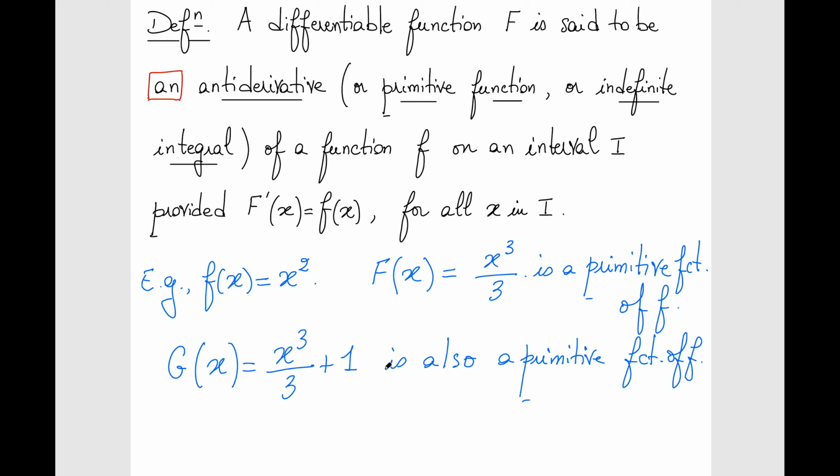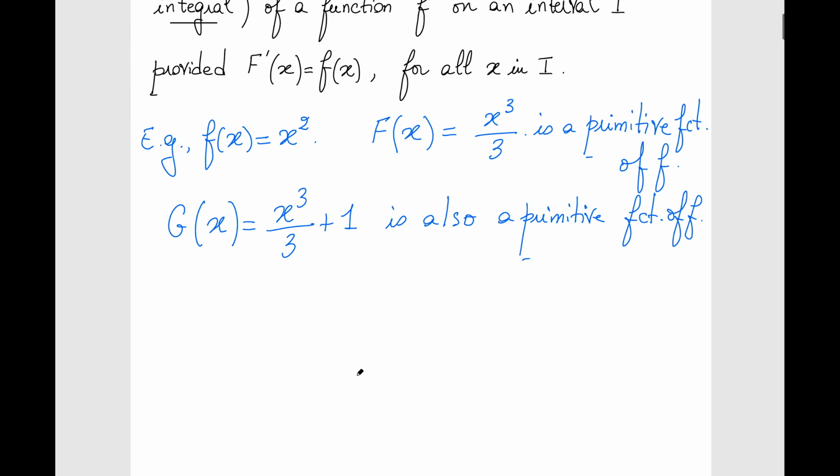So let's record this. Let's call the constant c, where c is an arbitrary constant, an arbitrary real number.